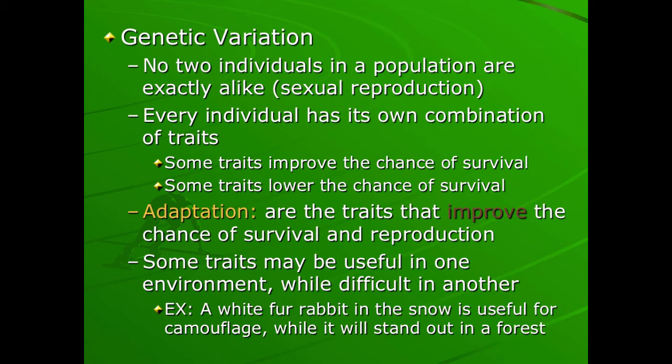So an example could be white fur rabbits in the snow is useful for camouflage while they will stand out in a forest. Kind of like in today's lab that we did with the mice, how white definitely blends into the white sand, and the brown mice help to blend into the forest floor. So that kind of shows how the environment can help to improve a particular trait.